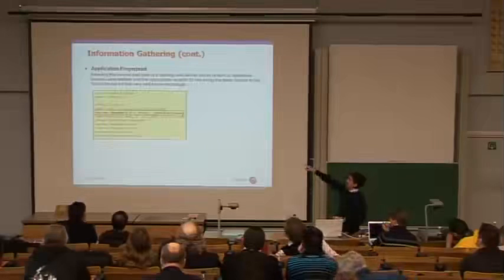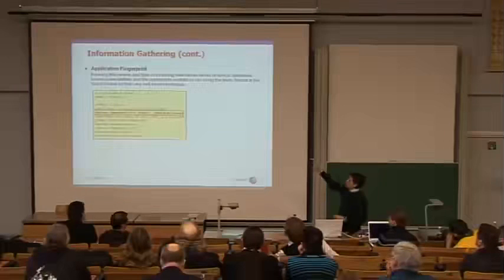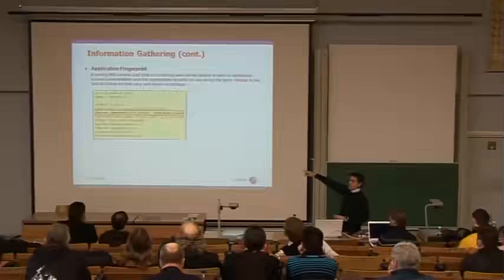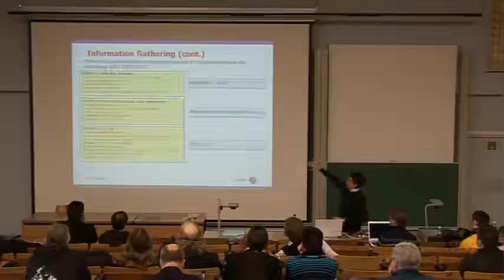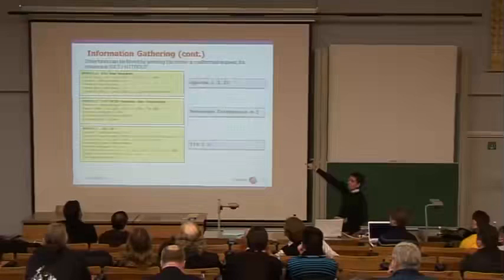Here, for example, if you perform an HTTP HEAD request to your target, the answer is something like that. And here you can understand that there is Apache version 1.3.3, and there is a Unix server, and there is Red Hat, etc. But what if I do the same request and the server header is obfuscated?